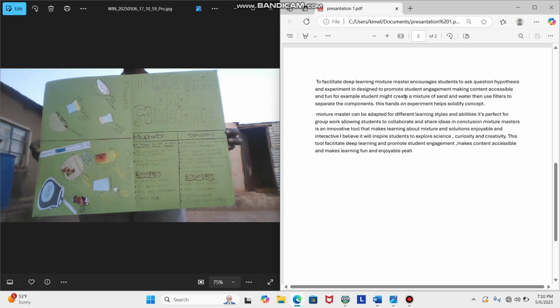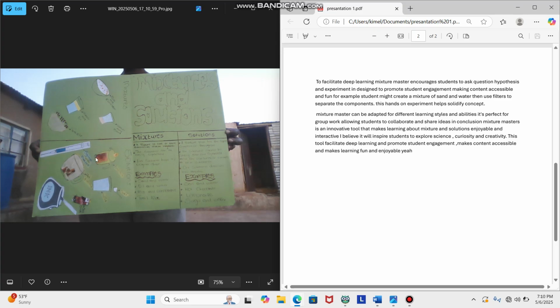Moving forward, a student might create a mixture of sand and water, then use filters to separate the components. This hands-on experiment helps solidify concepts. How does it help to solidify this concept? Because we have relatable examples. For instance, we have lemonade here, a syringe with medicine, and hot chocolate. They are all solutions.